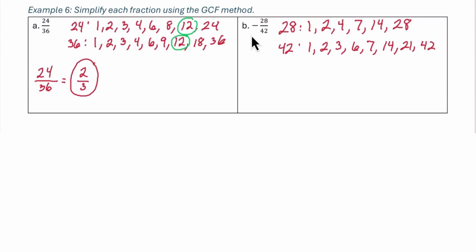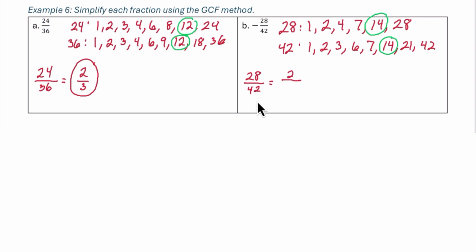Now we want to find the greatest common factor. The biggest number that they have in common is 14. So to reduce 28 over 42, we'll deal with the negative later at the end. We want to divide each of these numbers by the GCF, 14. 28 divided by 14 is 2.